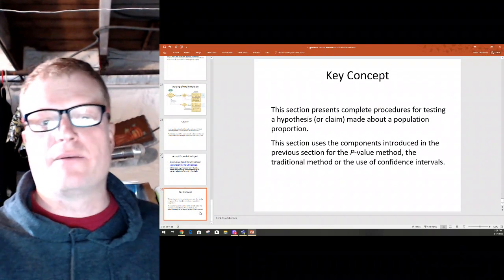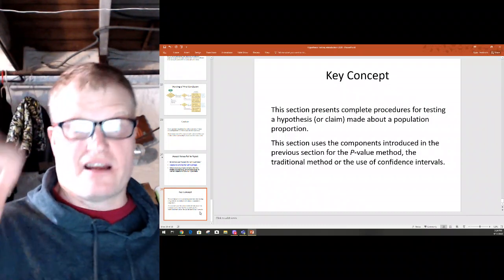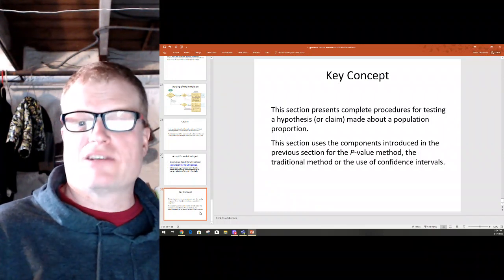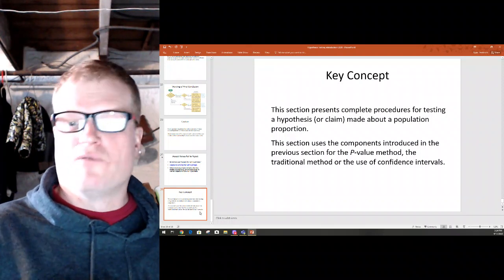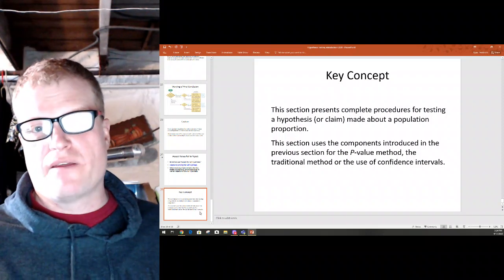Key concept here: we have a complete procedure for testing a hypothesis made about a population proportion. And this section uses components introduced in the previous section for the p-value method. We're not using the traditional method, and we're not using the confidence interval method.